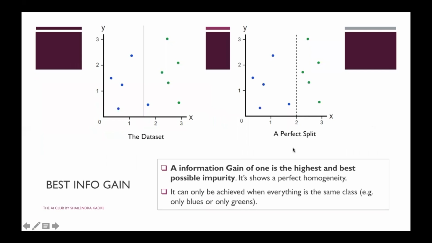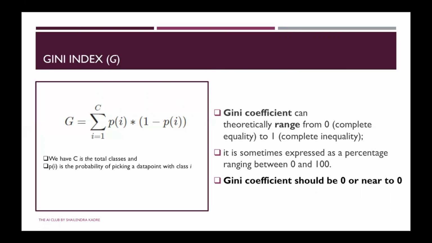And if you come here for Gini index, a little variation is there. Instead of log pi, we are using 1 minus pi. In this way, Gini index will be calculated. The Gini coefficient can theoretically range from 0, complete equality, to 1, complete inequality.